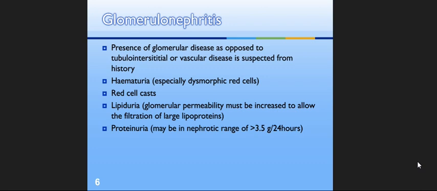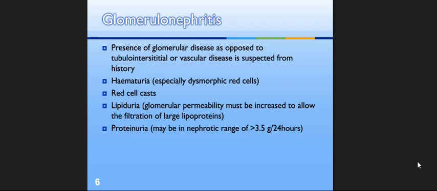Dysmorphic means multiple shapes of the red cells, not monomorphic. And when we have dysmorphic red cells, it is a very important point: usually it relates to nephrology, glomeruli. But when we have monomorphic, usually it is a urologic entity, and we refer the patient to the urologist.